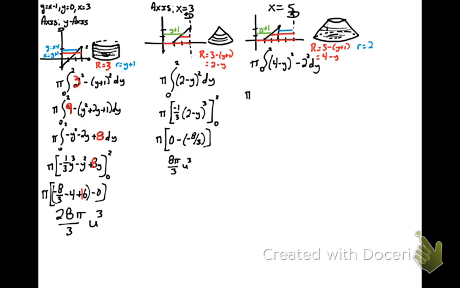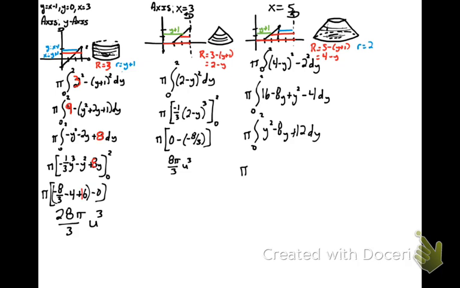Cleaning this up, pi from 0 to 2, this will be 16 minus 8y plus y squared minus 4 dy, or cleaning up a little more, this will be y squared minus 8y plus 12 dy.